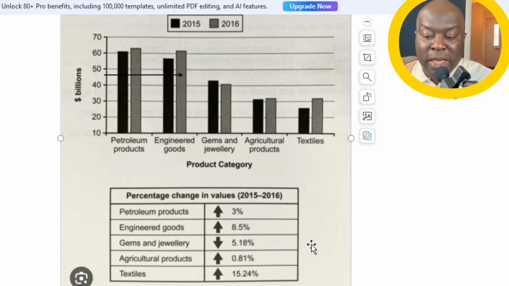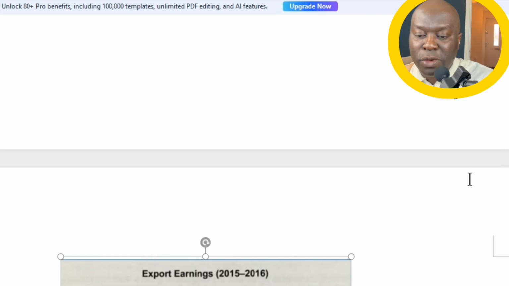So my own 2 groups here are the highest ones that gave that country much money, and the lower ones that didn't give much money, although some of them gave as much as they could, but not as high as petroleum and engineered goods. Having said that, this is actually what I did in my overview.